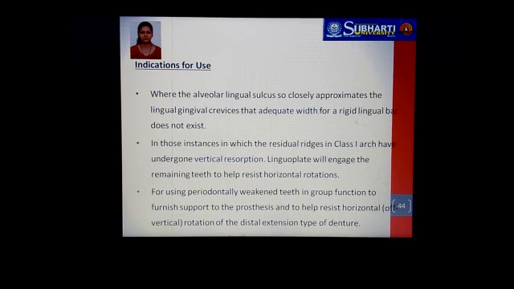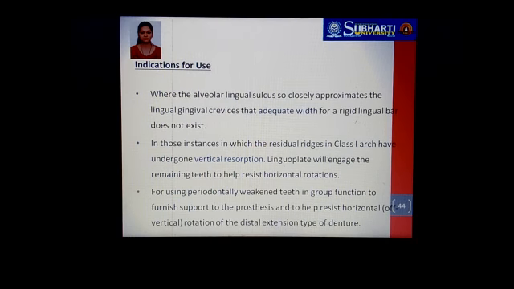Secondly, in cases like class 1 cases in which the bilateral posterior teeth are missing and there are no posterior abutments present. Also, if there is resorption of the ridges and the periodontal support of the teeth is not so proper, then this kind of design is going to act as a splint.